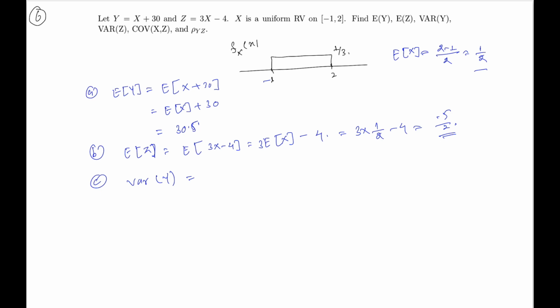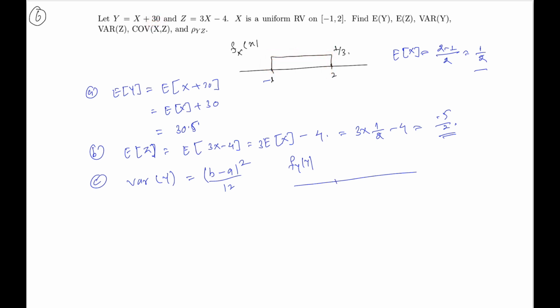So we can directly use the formula to find the variance of this random variable y, that is (b minus a) whole square divided by 12. And what will be the PDF of this random variable y? You just need to shift 30 units right.